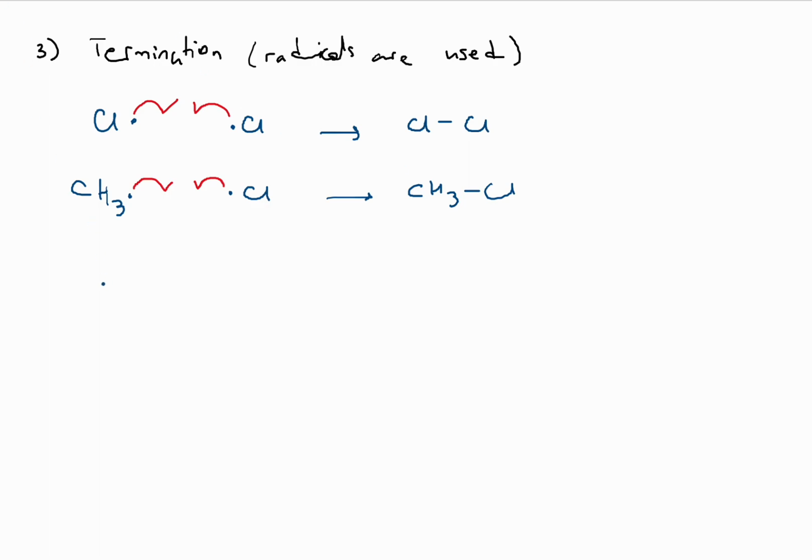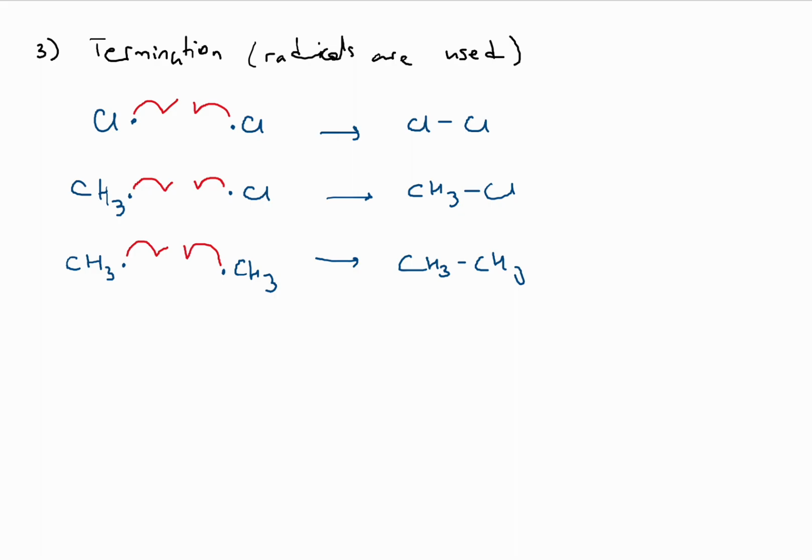In another case, in the solution you have a methyl radical and another methyl radical. Both are very reactive, so they will join and form a bond between each other. You get CH3-CH3. This is the free radical substitution mechanism.